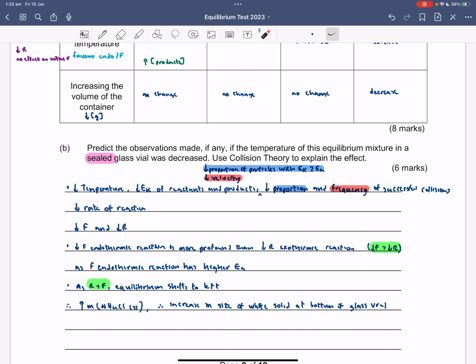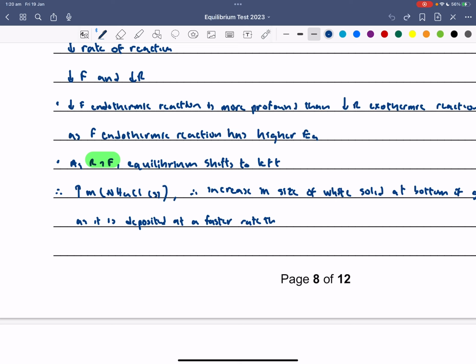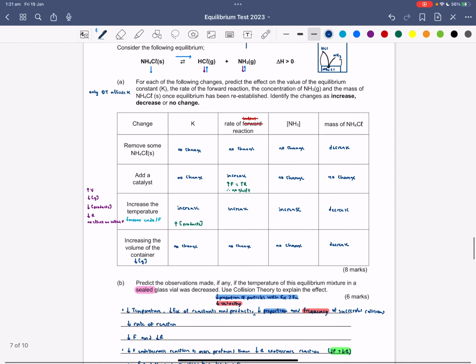Okay, and then the last mark for explaining that decrease in the mass of NH4Cl solid: always got to write this down, as it is deposited at a faster rate than it decomposes, until equilibrium is reestablished. Okay, nice concept, nice question.